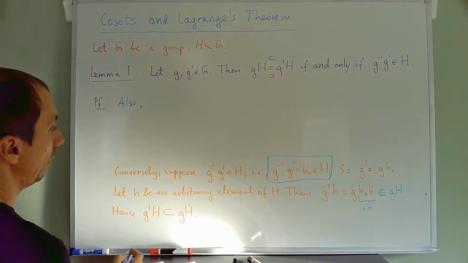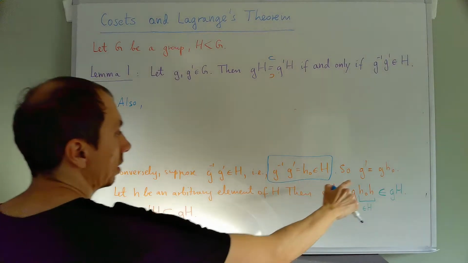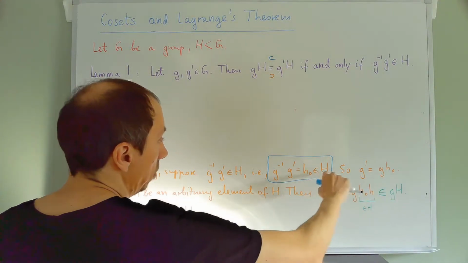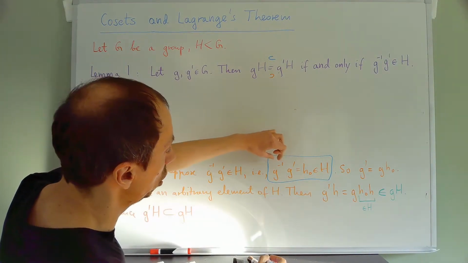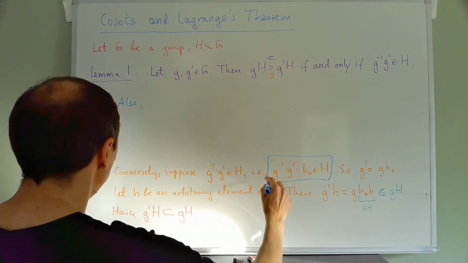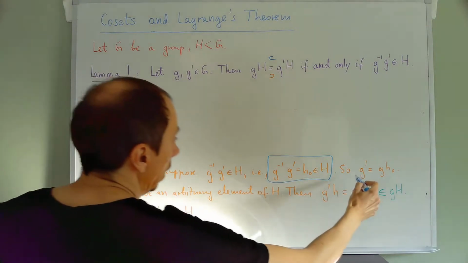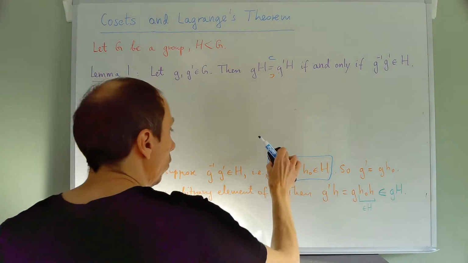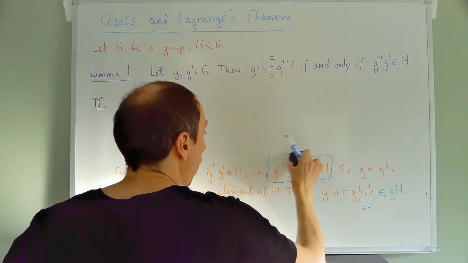So also, if I'm trying to now express, previously I expressed G prime as G times H0, and now I want to express G. So, okay, let's just say maybe not start with this equality, but with this one here.